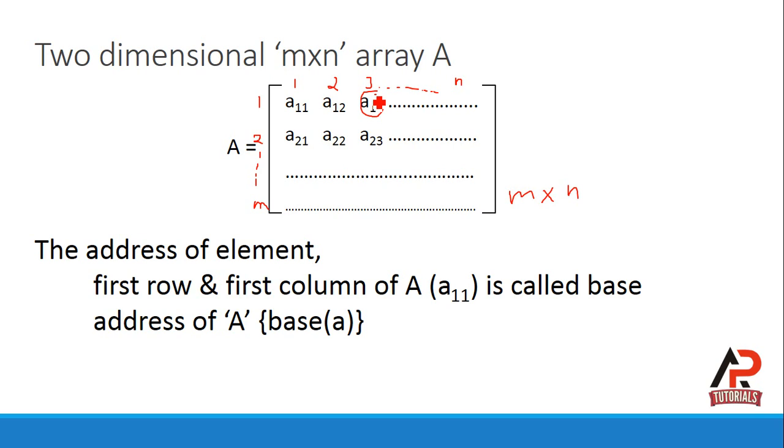The first row and first column of A, that is A11, is called the base address.